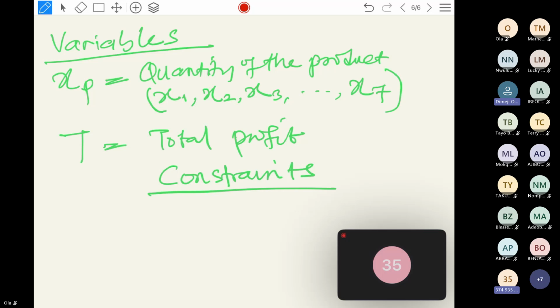Okay, which is, the limit is what? 192 hours. Thank you. That is one constraint. What do you think the second constraint could be? This one is very, very important. Who can help us with that?